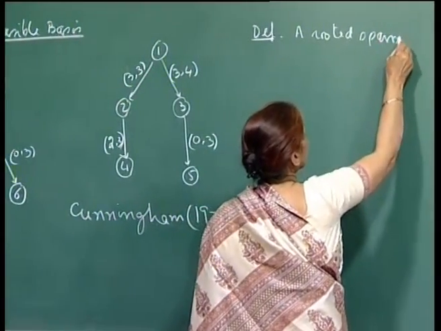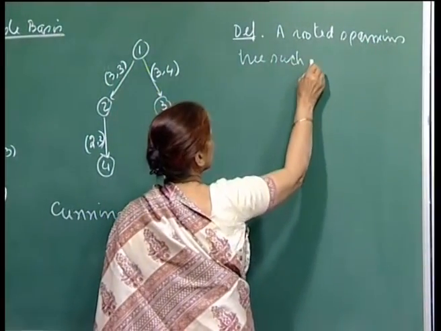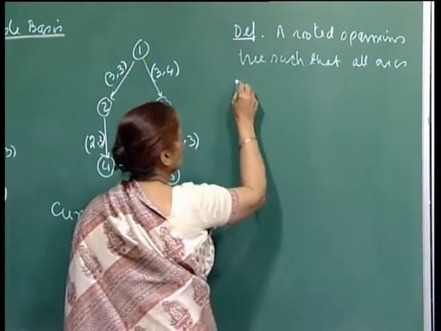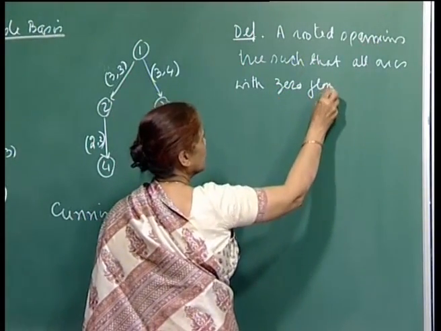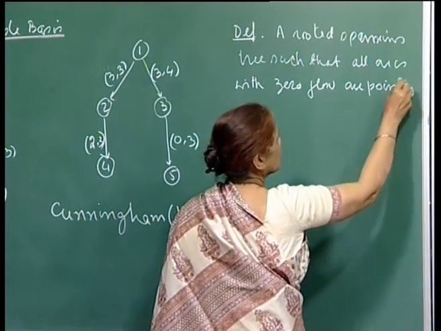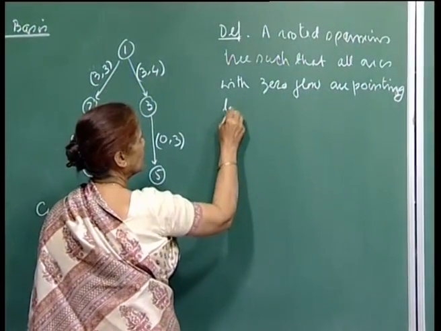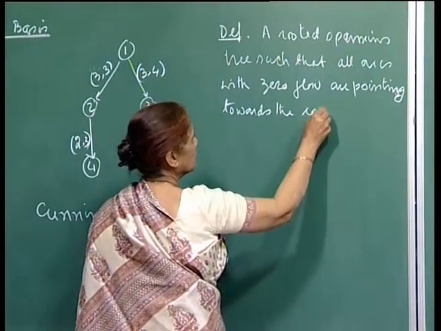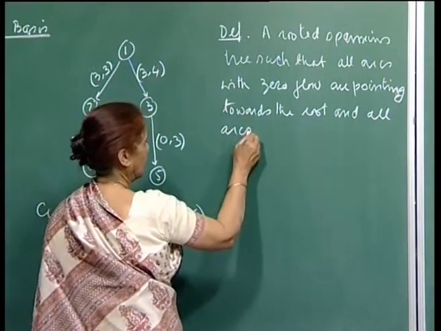rooted spanning tree such that all arcs with 0 flow are pointing towards the root, and all arcs in the tree span.